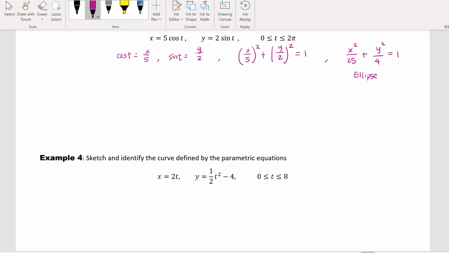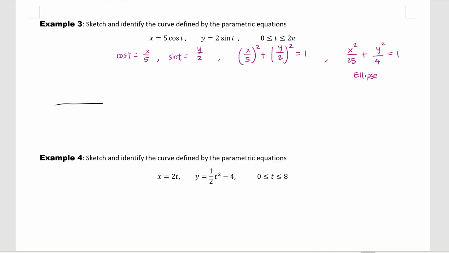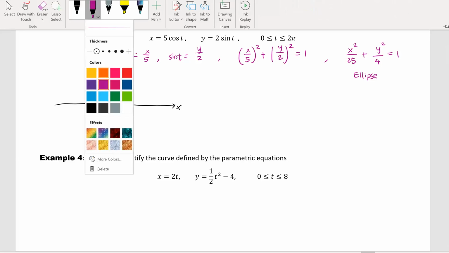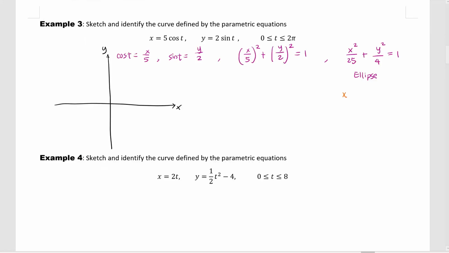And how do we draw an ellipse? Well, let's use this to draw the xy coordinates. Here you can see the standard form for an ellipse is x squared over a squared plus y squared over b squared equals 1, where a and b are the major or minor axes depending on which one is bigger.